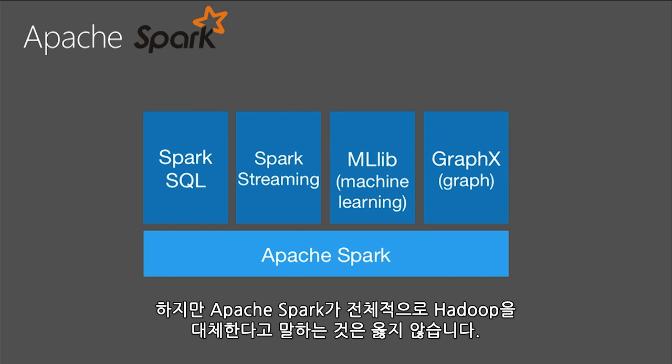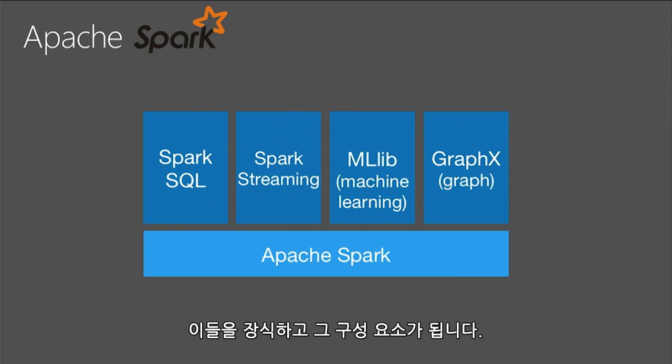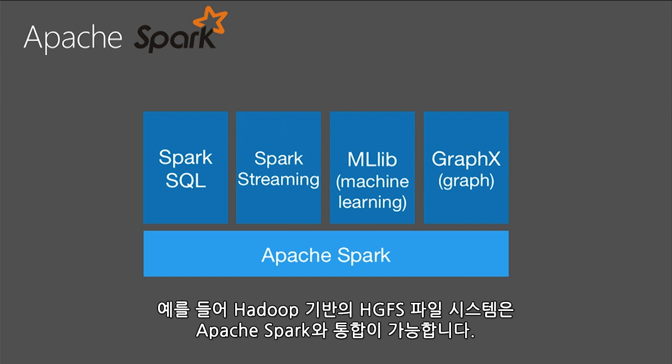But it wouldn't be correct to say that Apache Spark replaces Hadoop as a whole. In fact, Apache Spark lives in and uses many components of the Hadoop ecosystem and becomes part of it. For example, there is the HDFS file system from Hadoop that Apache Spark integrates with.